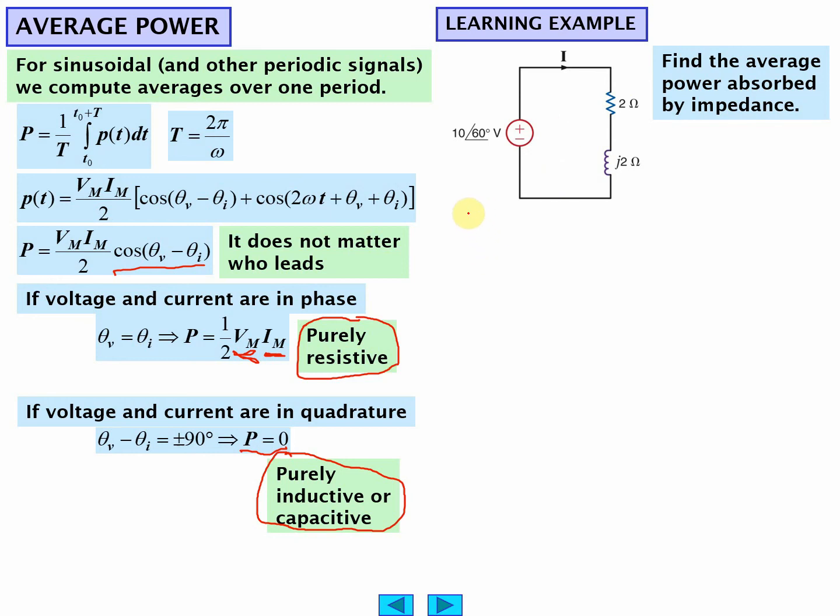And we need the impedance, 2 plus 2j ohms, and we know the voltage, so the current is going to be... I know what this is.